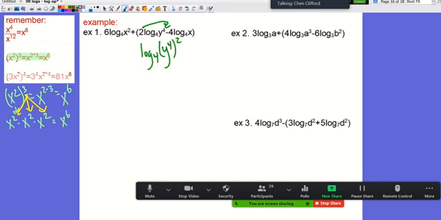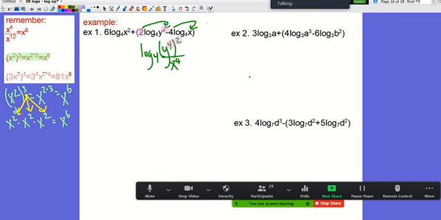I'll do it in pink. Look at that. I'm going to continue and put this over x to the power of 4, because this gets moved also.